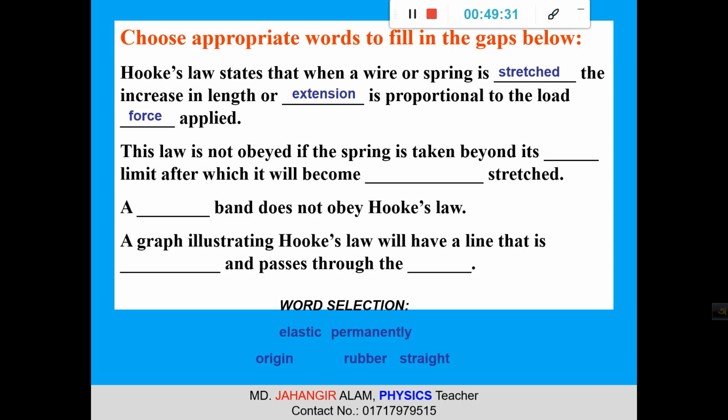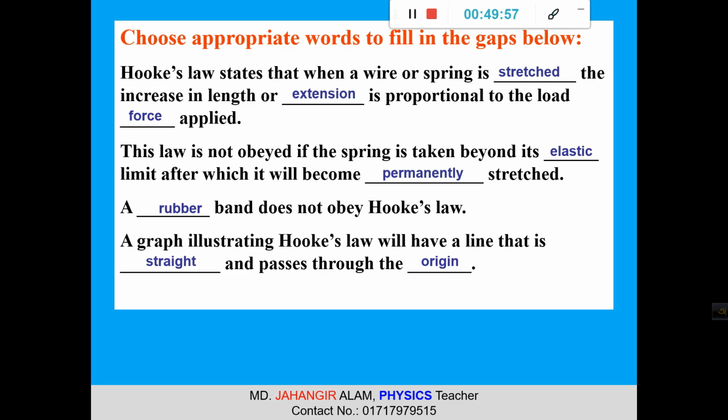This law is not obeyed if the spring is taken beyond its elastic limit, after which it will become permanently stretched. A rubber band does not obey Hooke's law. A graph illustrating Hooke's law will have a line that is straight and passes through the origin.